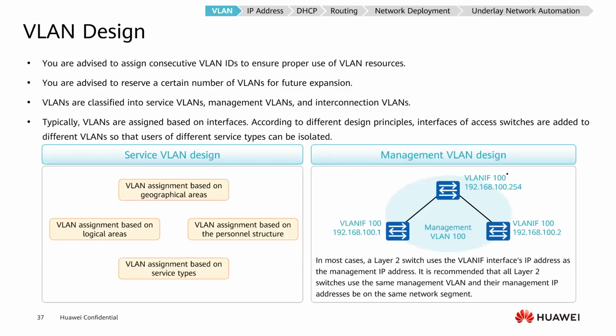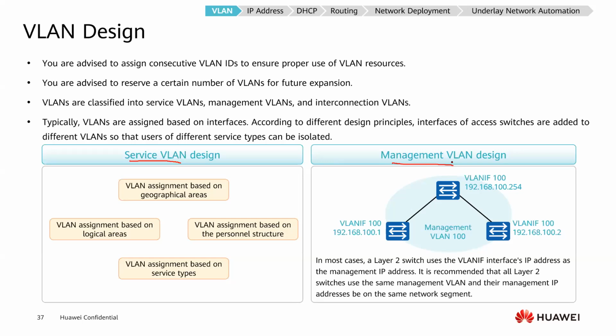So first is about the VLAN. For the VLAN, I think it's the same as the traditional network. You need to consider the service VLAN for different end systems based on the department, based on the location and others. And you also need to think about the management VLAN.